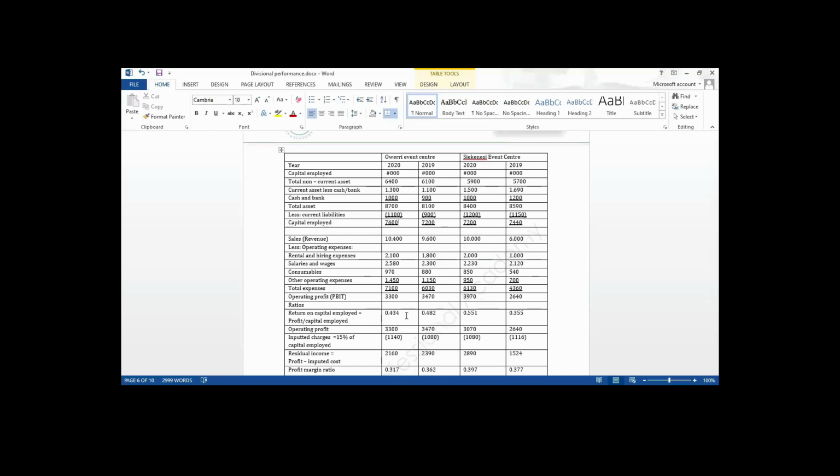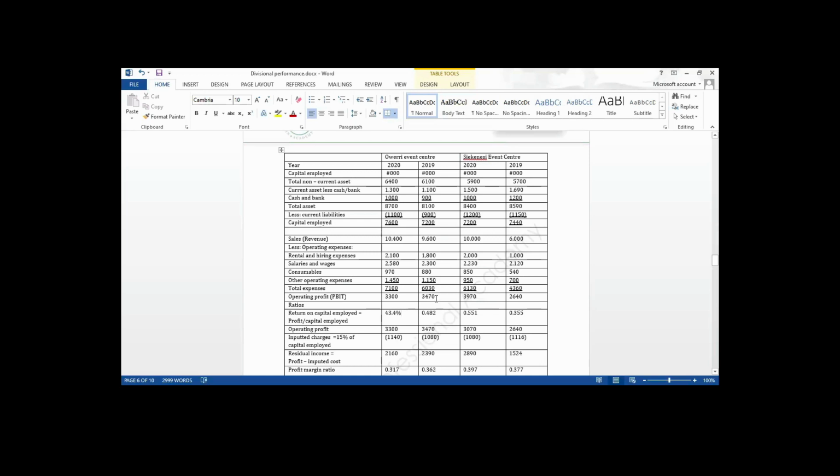Operating profits divided by capital employed. Your final answer multiplied by 100. 43.4. You can change it to percentage. 43.4%.